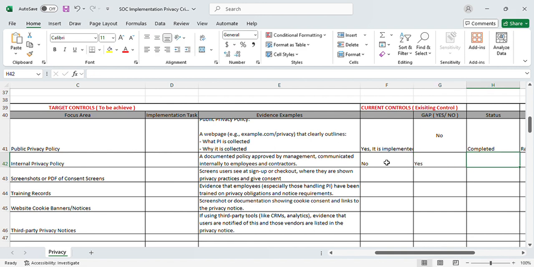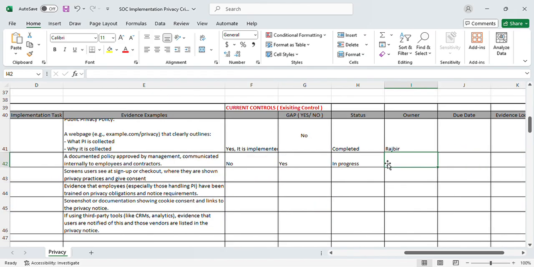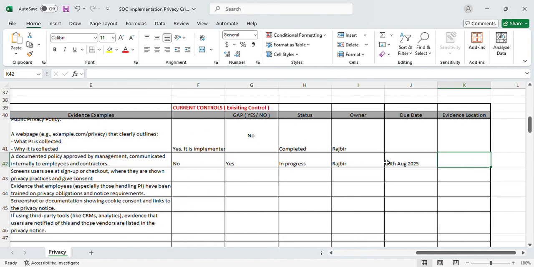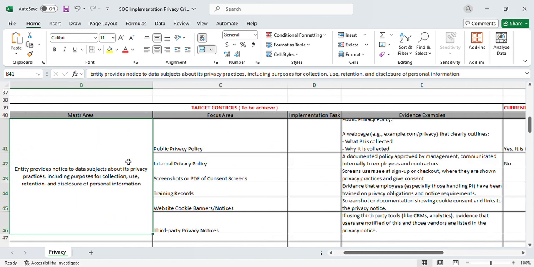Status is in progress. Owner, for example me, and due date, when it's supposed to be completed. For example, I'm mentioning 20th August 2025. Evidence location, once it's completed, where you want to store the evidence, the link should be there. So this is how you can implement the privacy controls.